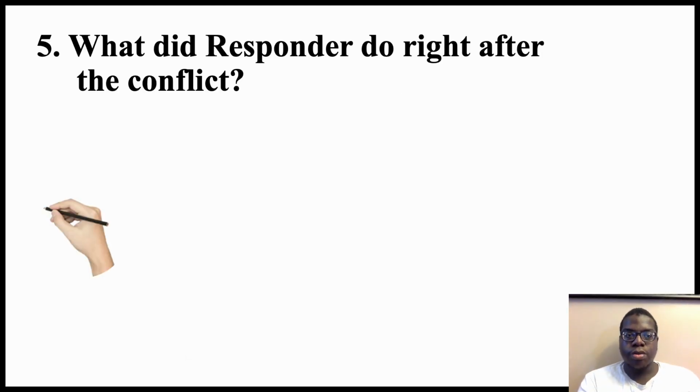Read the question. Question 5. What did responder do right after the conflict? What was responder's response that showed that there was a conflict? She pushed initiator's hands and cried. Now write the answer.